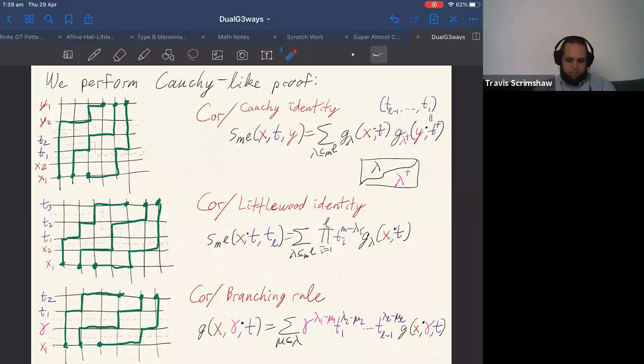And as Slava was saying earlier, there's this maybe more classical 5-vertex model that things touch. That is, I want to now slant everything.